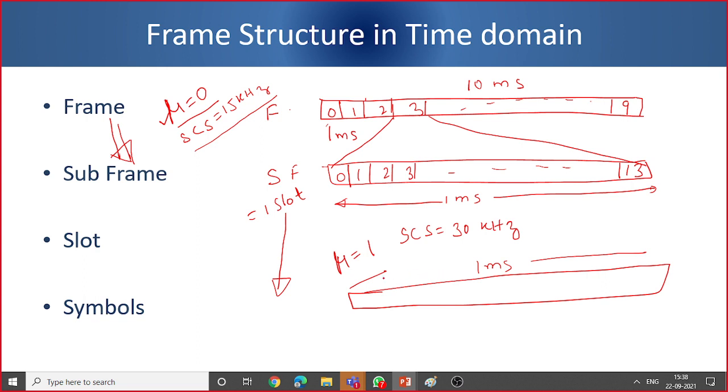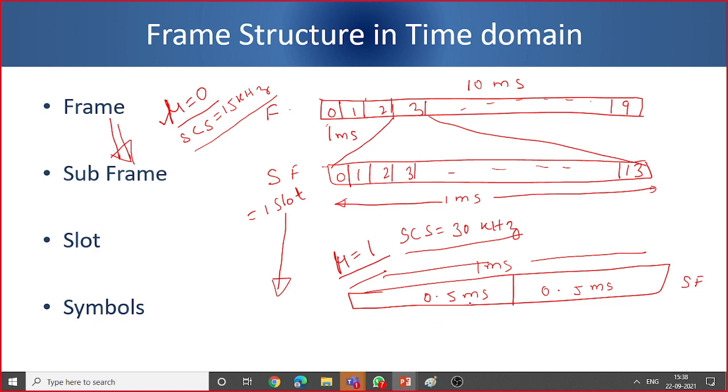In case I am having mu 1 or subcarrier spacing 30 kilohertz, then my slot duration will be half, 0.5 millisecond. So I have two slots, slot 0 and slot 1, each of half millisecond. That's the difference from numerology 0. And every slot will again have 14 symbols.